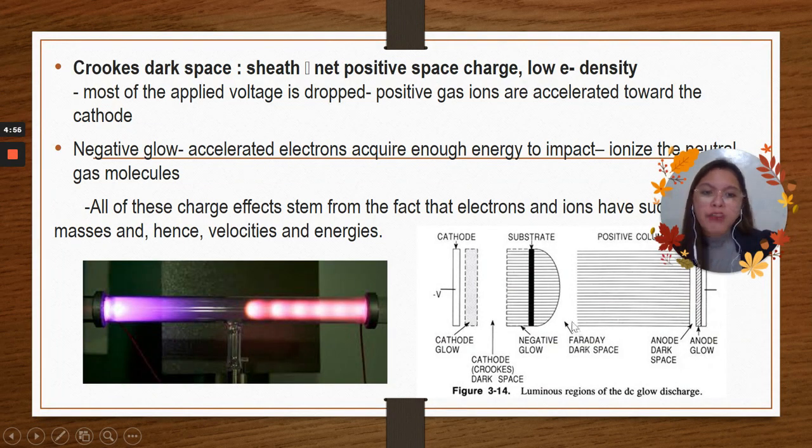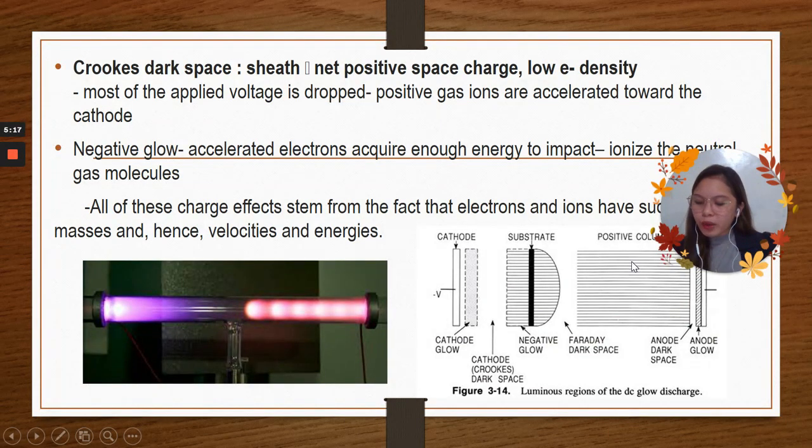We also have the Faraday dark space, a dark space of low light intensity between the positive column and the negative glow from the cathode in a vacuum tube.